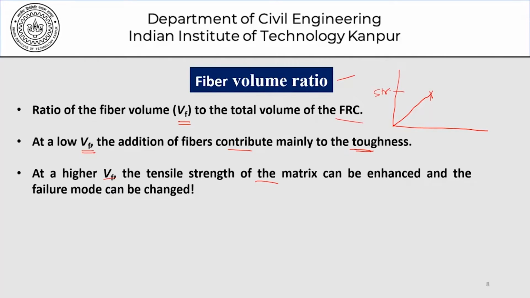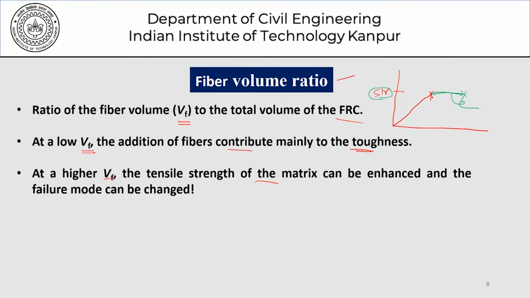We can have another material which will not fail here but will sustain some more load, sustain some more deformation, I should say. We can have another material which has the same strength, that is, it cannot take any more load than this, but does not fail here in a brittle manner, but sustains a larger deformation before it fails. So this is a very different characteristic.